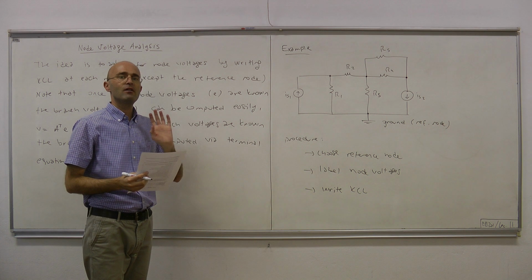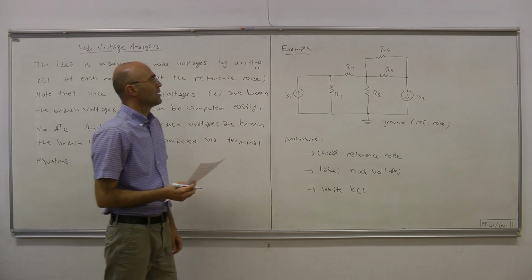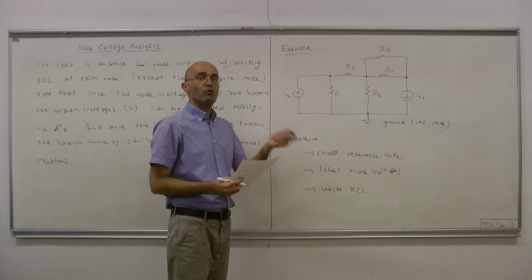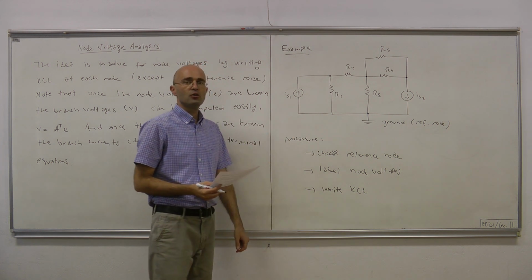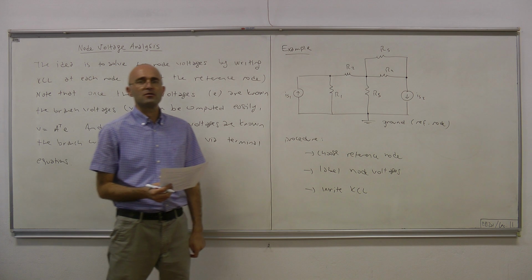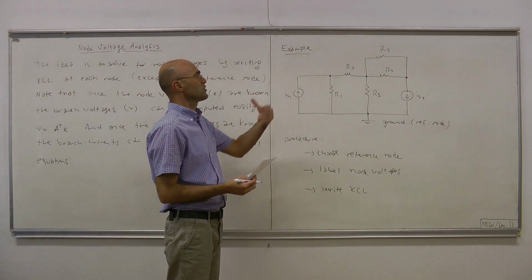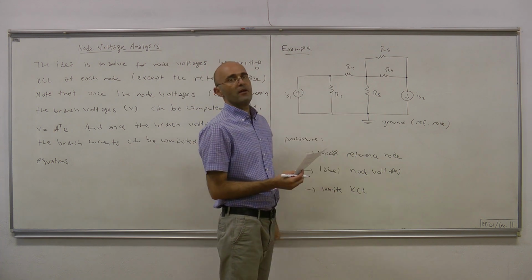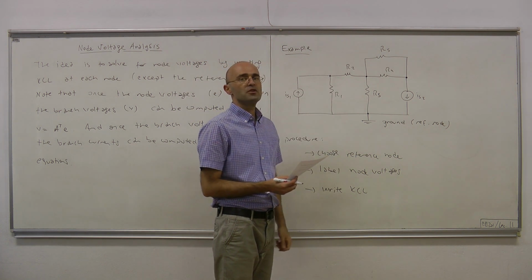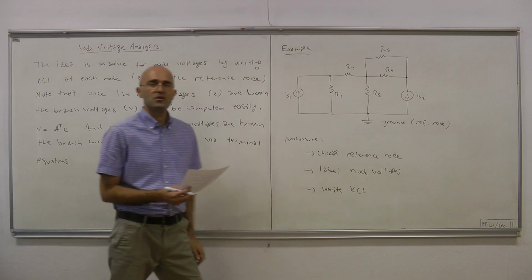That means we will have 3 node voltages, meaning 3 formulation variables, or 3 unknowns. So we have to write down 3 equations. And 3 equations in terms of those 3 unknowns should be enough to figure them out. Once we know those node voltages, we can figure out everything else very easily.